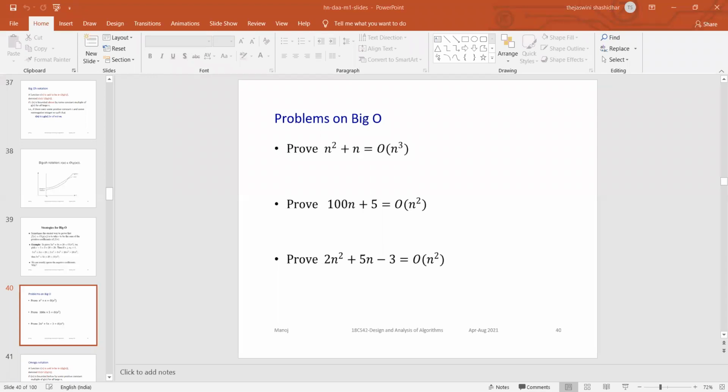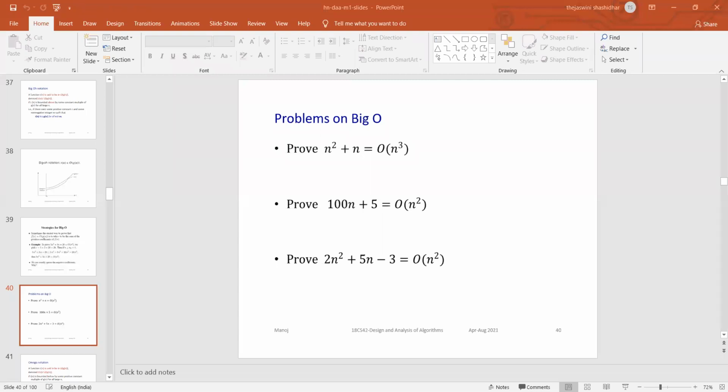It is n square plus n. What is G of n? N cube. What is C? C is 2, it is 1 plus 1.